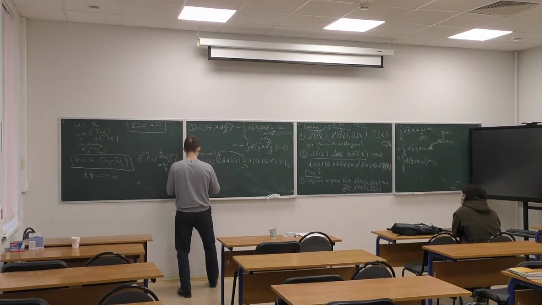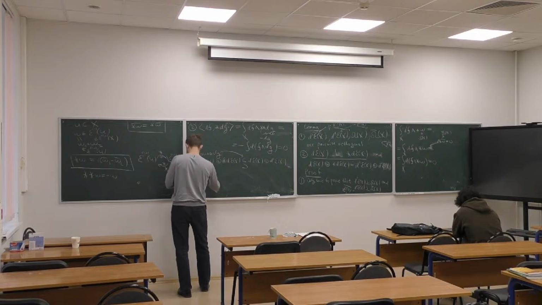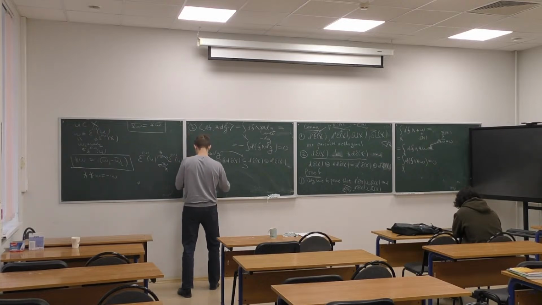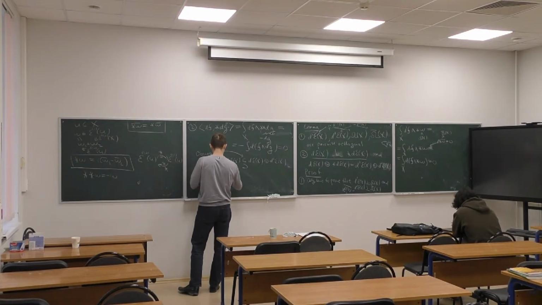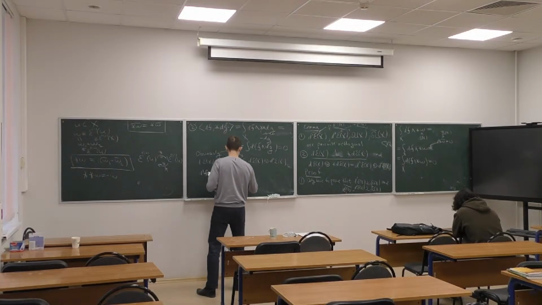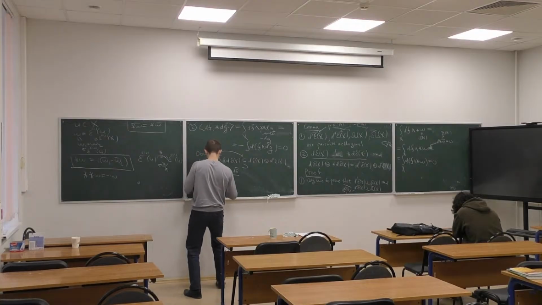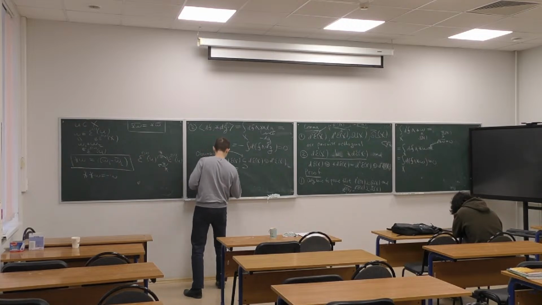Because you can express d prime of any function by trivial linear algebra: d prime of f is (df plus i star df)/2, and d double prime of f is (df minus i star df)/2.